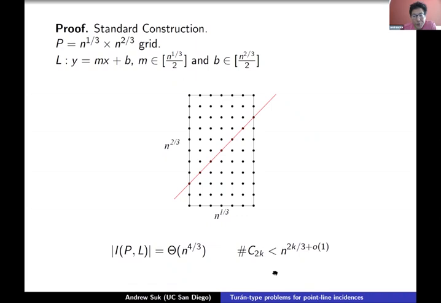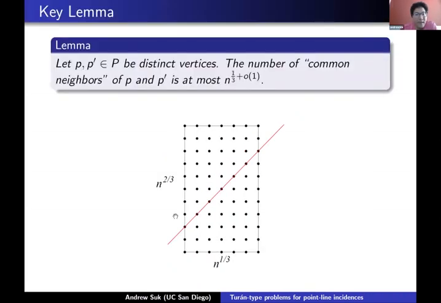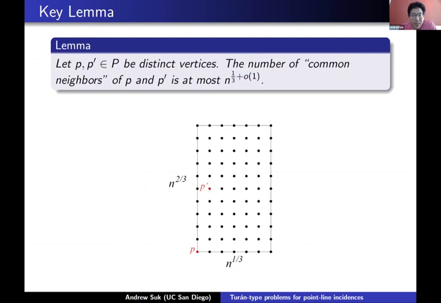So why is this true? Well, it basically comes from this key lemma that says that any two grid points, P and P prime, will have very few common neighbors. Here, common neighbors is in quotes.